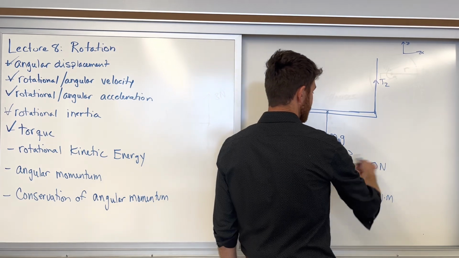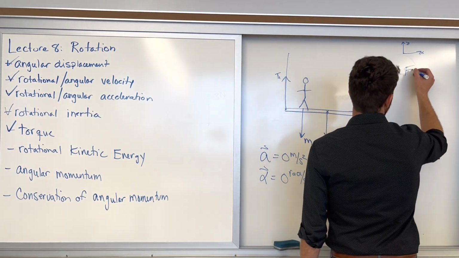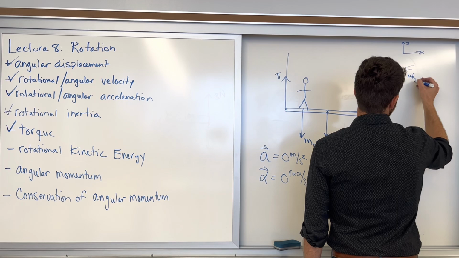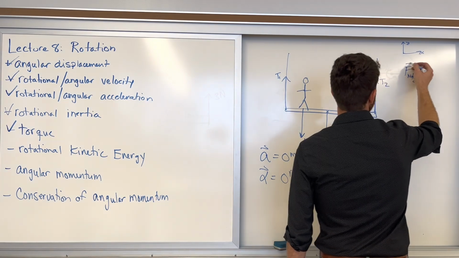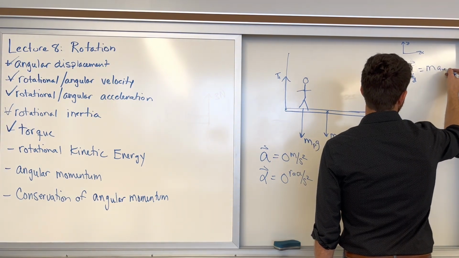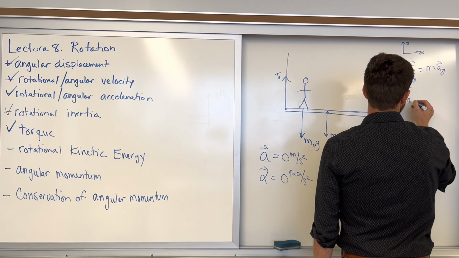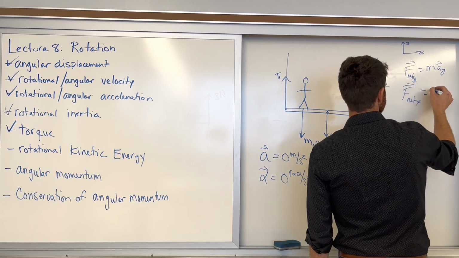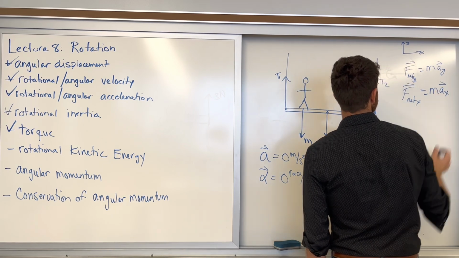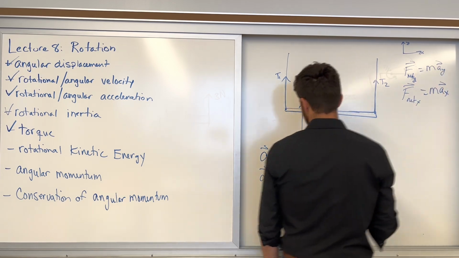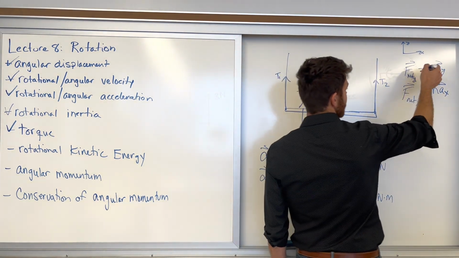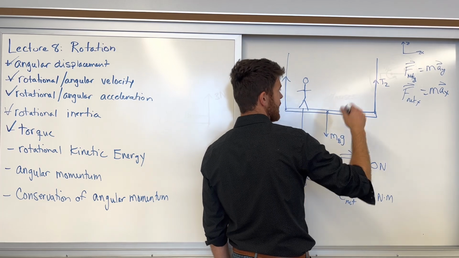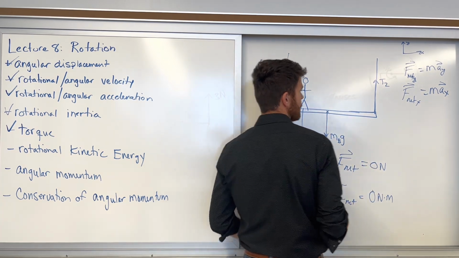And remember, you can apply Newton's second law in both the x and the y direction. So the net force in the y direction equals mass times acceleration in the y direction, and the net force in the x direction equals mass times acceleration in the x direction. Since the acceleration overall is 0, both the net force in the x and the net force in the y must equal 0.